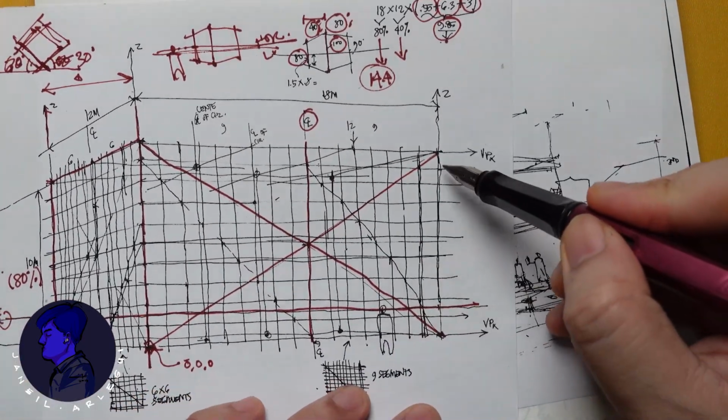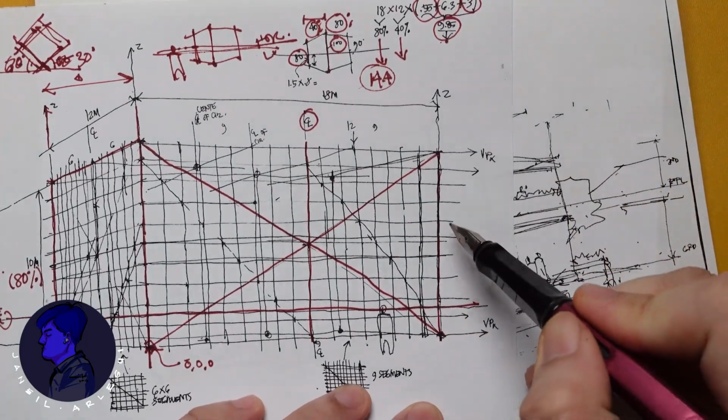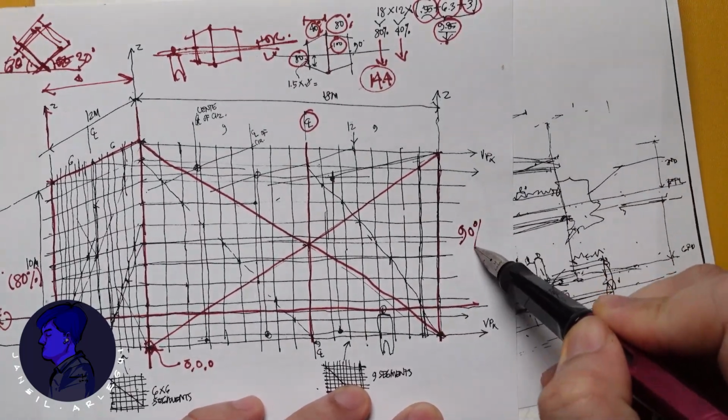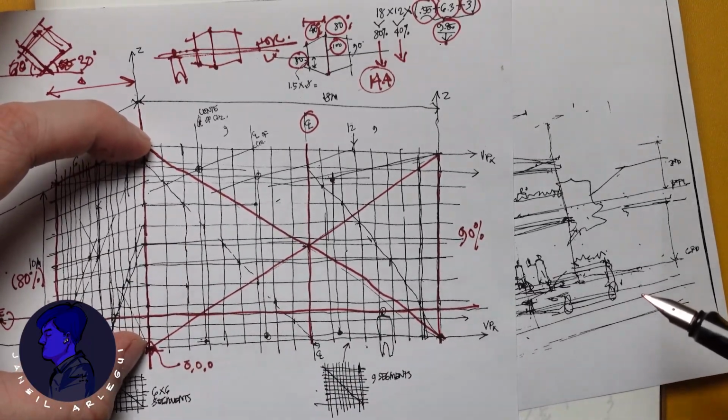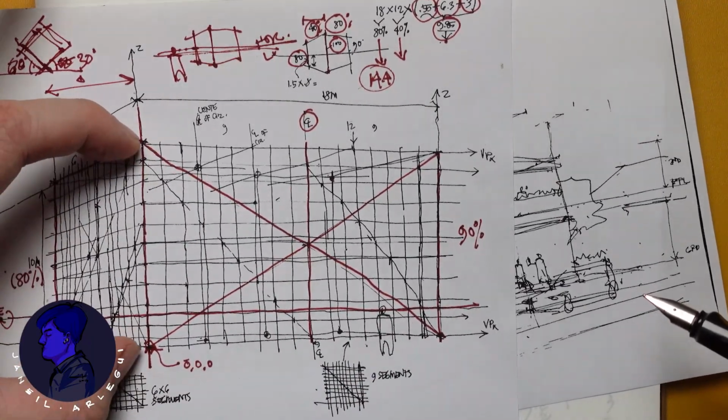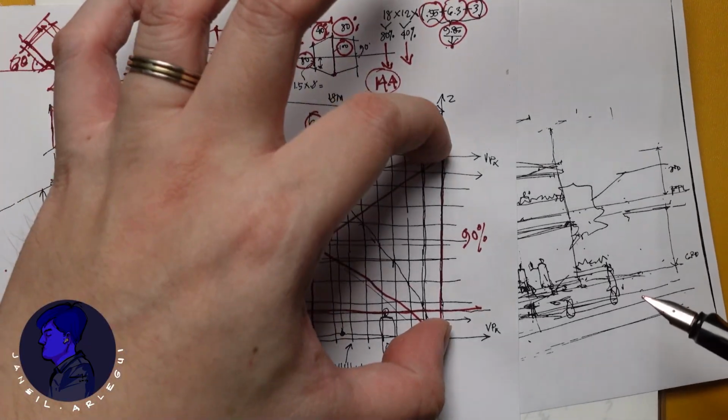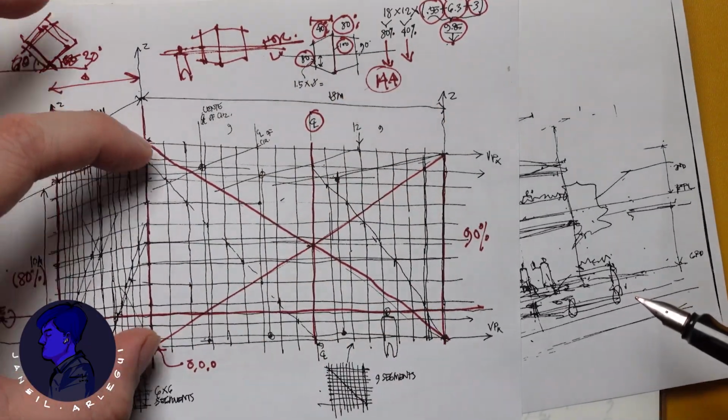Okay, so this edge is 90% of the actual 100% measurement, or the height that you need. So in this case, it is 10 meters.